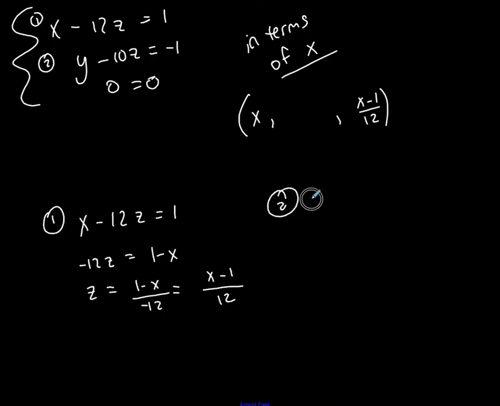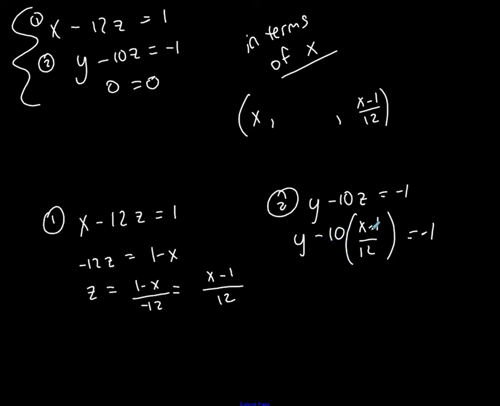Equation 2 has y and z, but I need x. So what I'm going to do is replace z with this expression of x so that I can get y in terms of x. So you've got algebra going on here. This is very important because now I need to solve for y, which is actually not that bad to isolate.